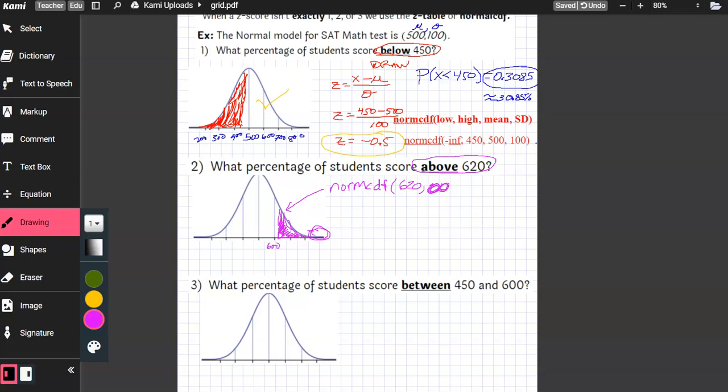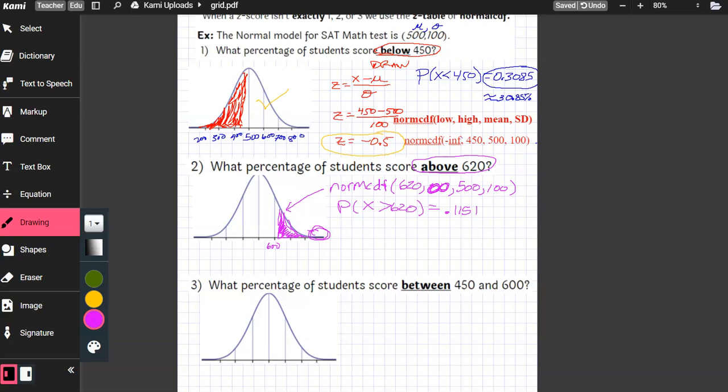This infinity symbol is in your calculator. So put 620 comma infinity comma the mean and the standard deviation, so again 500 and 100. That command should give you the probability that the percentage of students above 620 would be, what is it, 11.1151. Okay, verify that with your calculator.